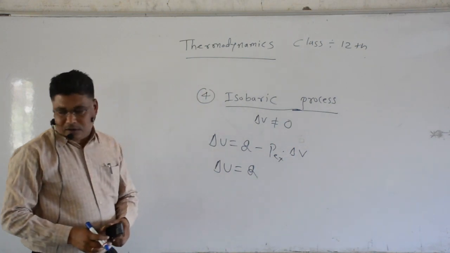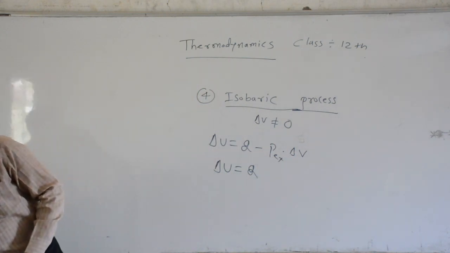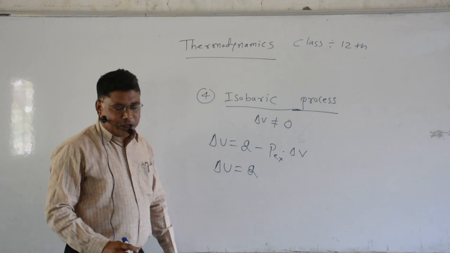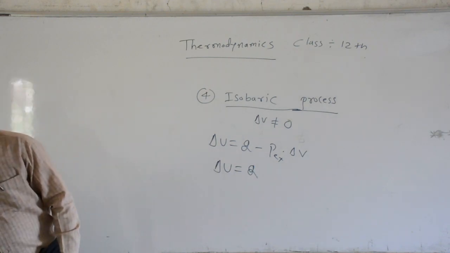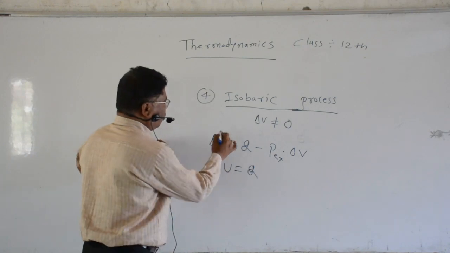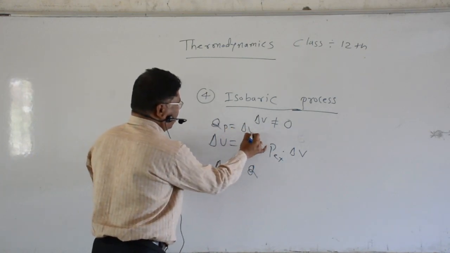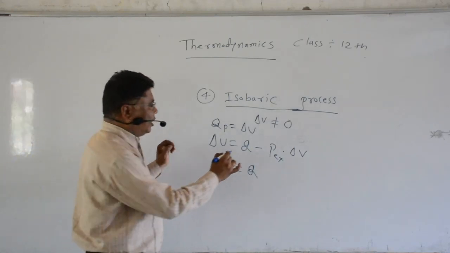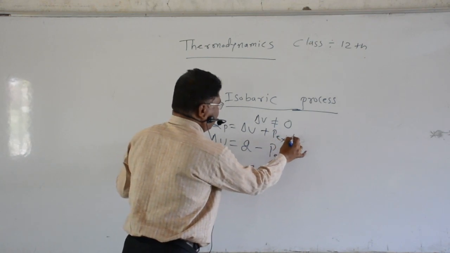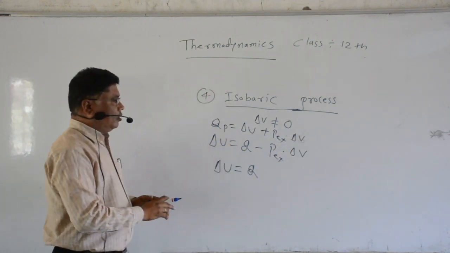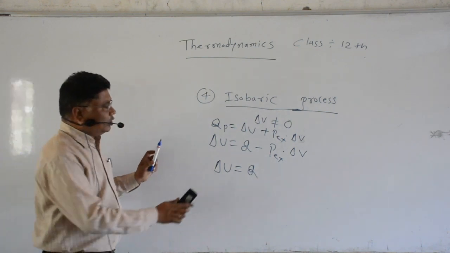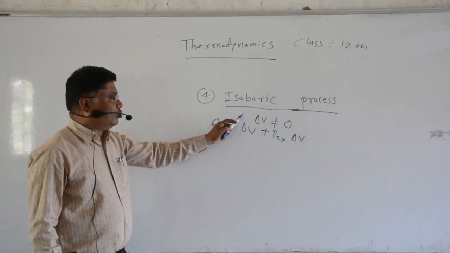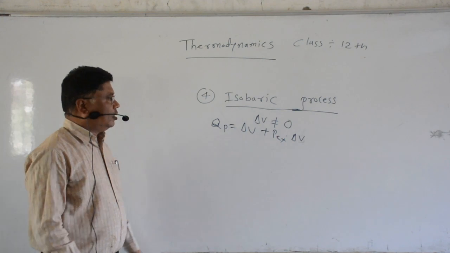Then we can write this equation like this, replacing Q by QP: QP is equal to delta U plus P external into delta V. This equation is obtained when we apply the first law of thermodynamics to isobaric process.